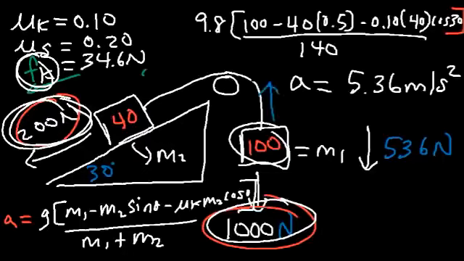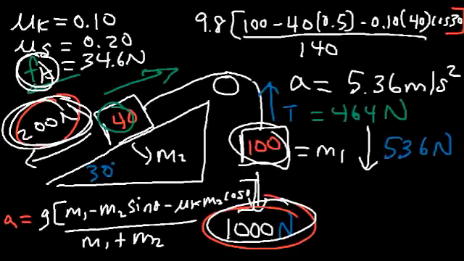To find the upward tension force, it's 1,000 minus 536, and that's 464. Now the net force for the 40 kilogram object is 40 times 5.36, which is 214.4 newtons.